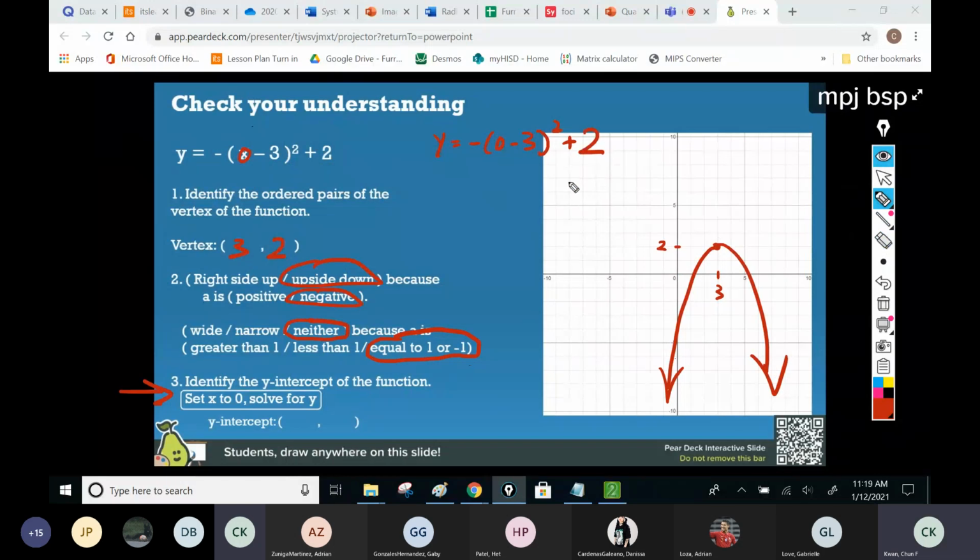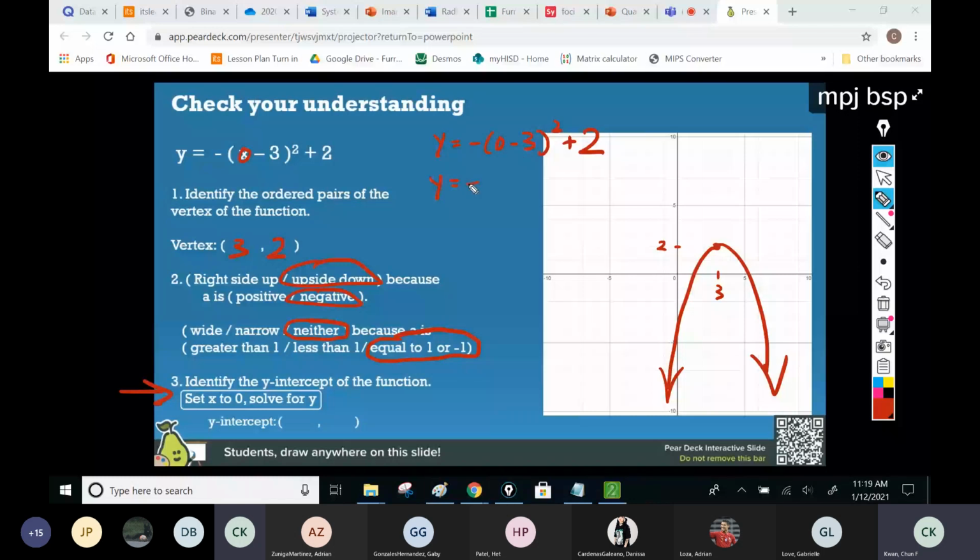I see a couple of you made some minor mistakes right here. You will solve it from the inside out.